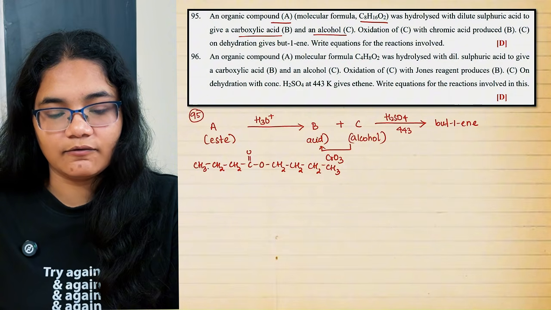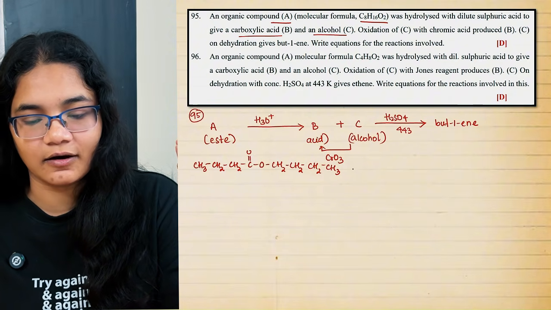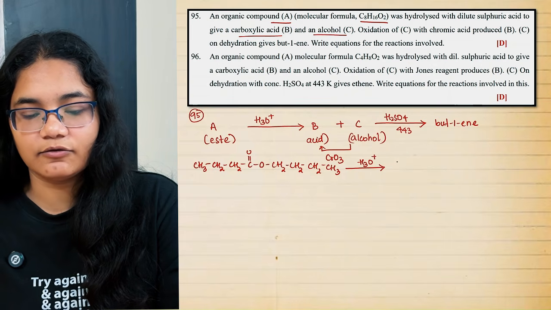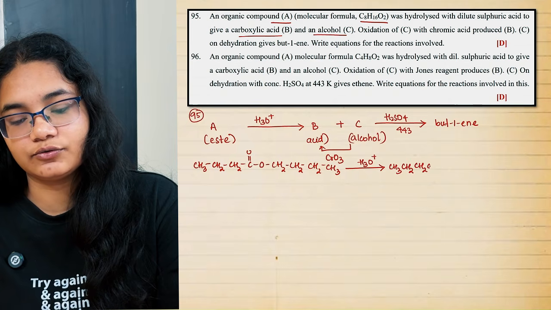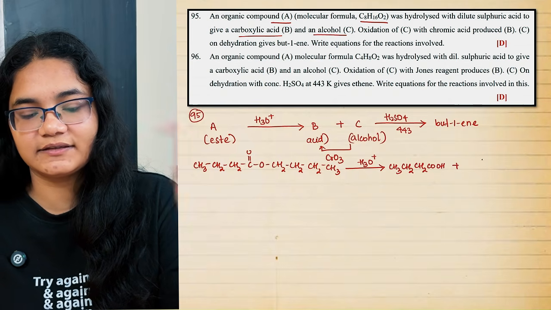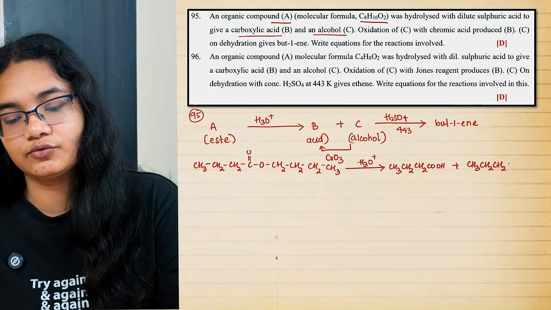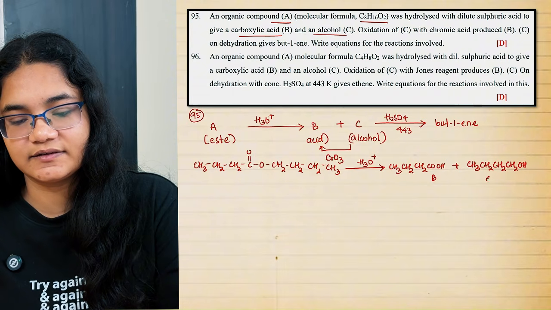So 1, 2, 3, 4, 5, 6, 7 and 8. So this is A, and when it is undergoing hydrolysis, I'm getting one is B, which is CH3CH2CH2COOH plus the alcohol, that is CH3CH2CH2CH2OH. So this is B and this is C.